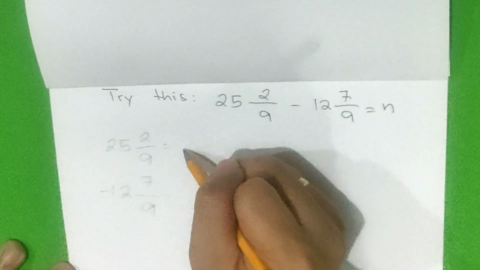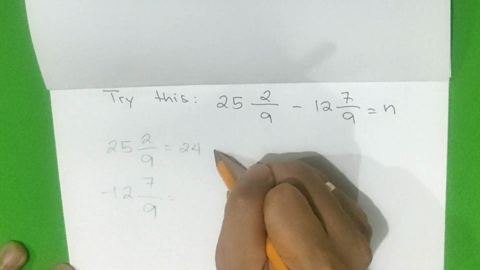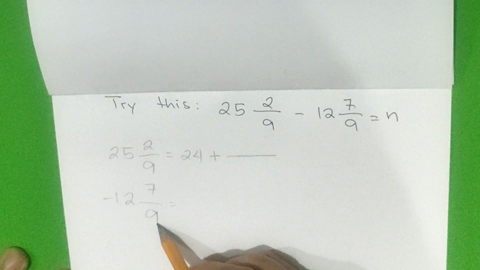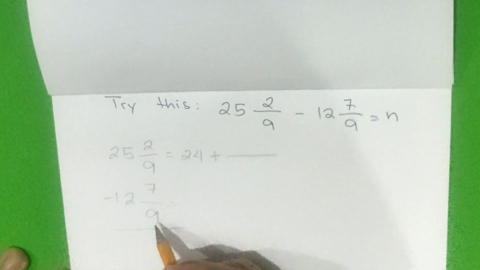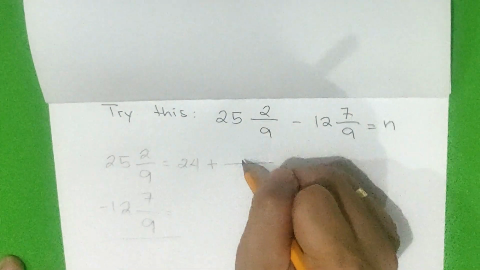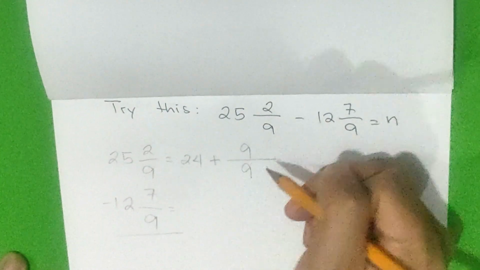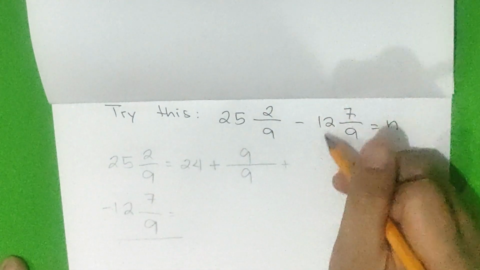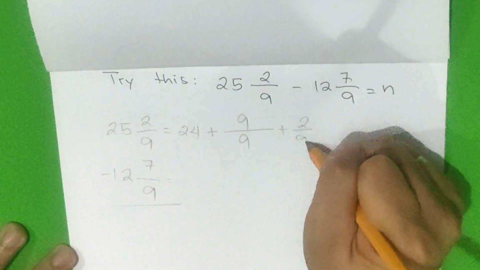So 25 becomes now 24. Let's write an addition sign and copy the denominator 9 of the subtrahend as a numerator and a denominator. Then let's add the original proper fraction, which is 2/9.